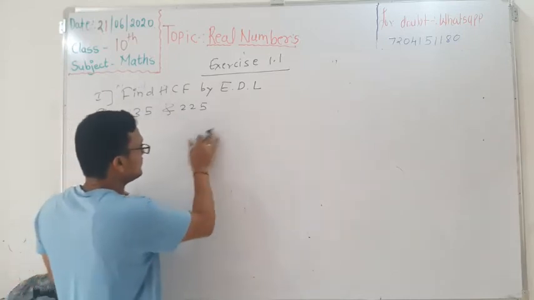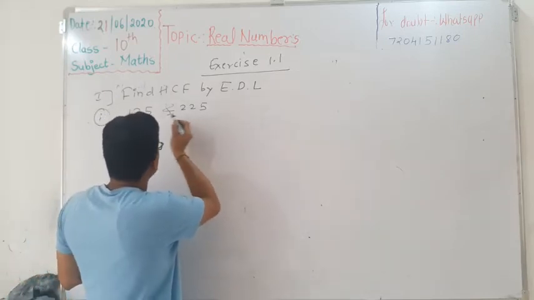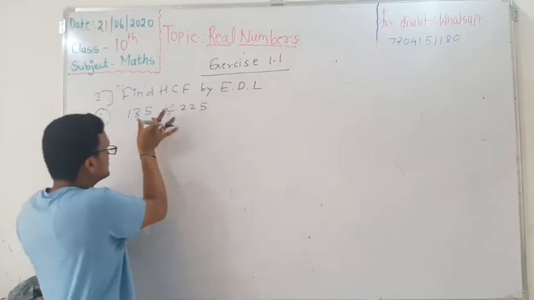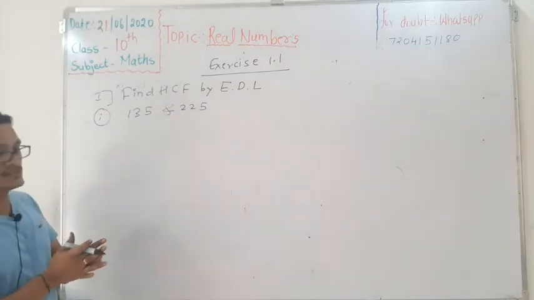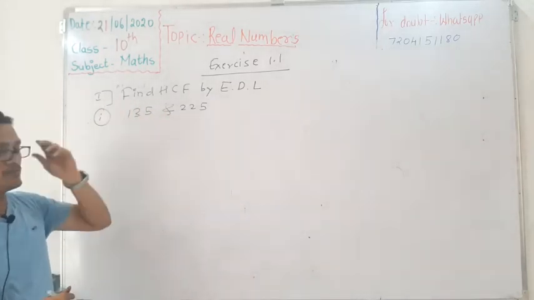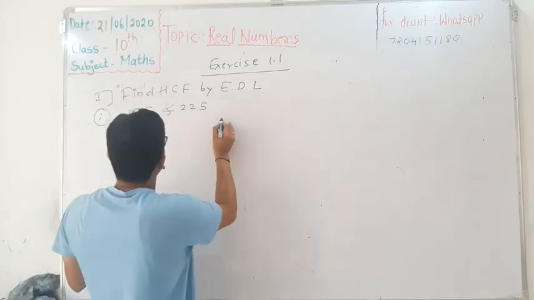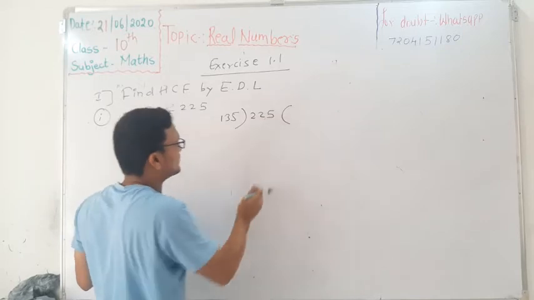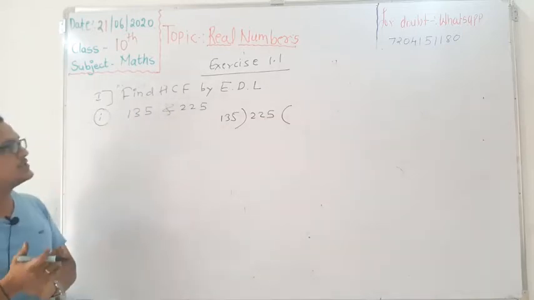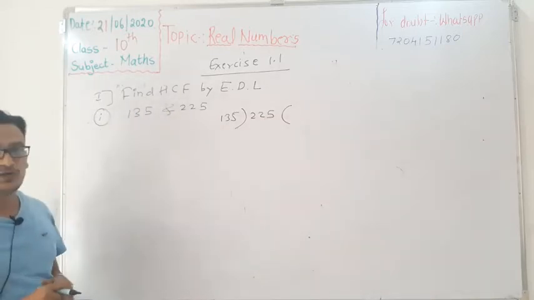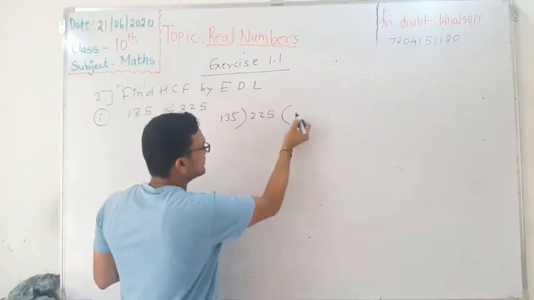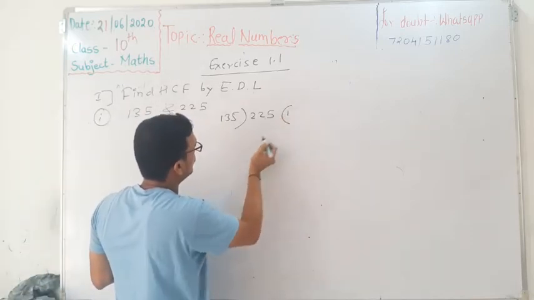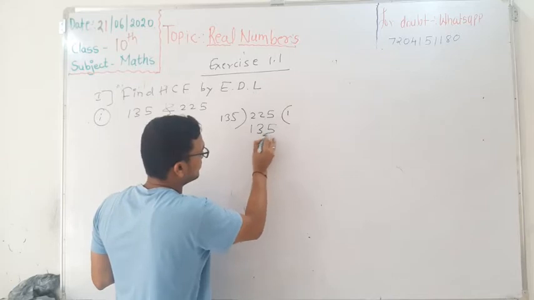Okay, so this can be done. Here in these two integers, by the smallest number you have to divide the other number. This method is called the long division process method, so we have to make use of that. So here 135 into 1, it will be 135.